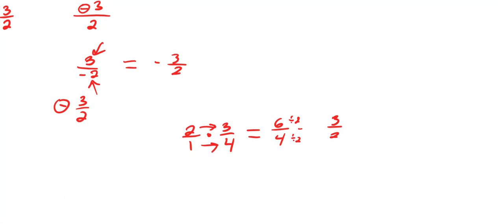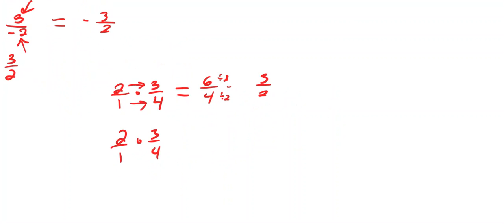Now this 2 over 1 times 3 over 4 would really be the same thing. I could write that multiple ways. 2 over 1 is the same thing as 2, so that could be 2 times 3 over 4. You might see it written like that too.